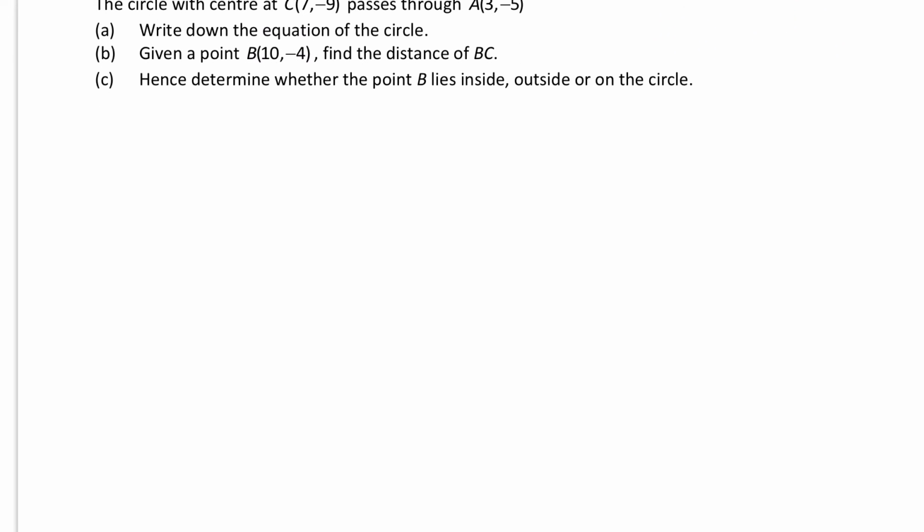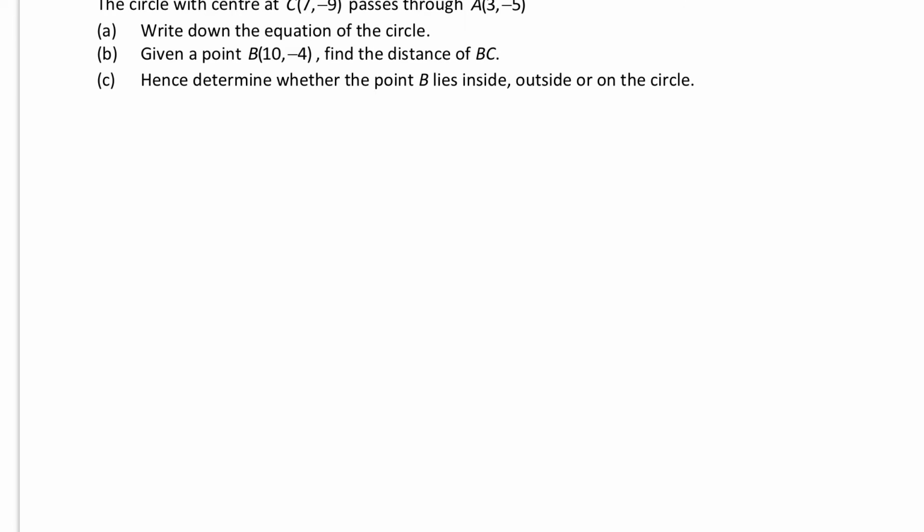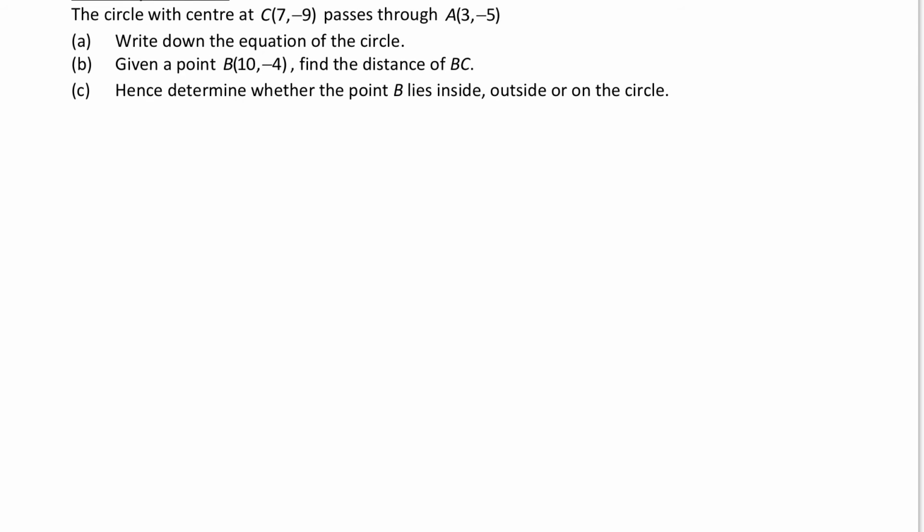Let's see exercise 2. Ask you to give you the coordinate of center and plus 1 point. Write down the equation of circle, and maybe you can use distance formula. CA is equal to √((7 − 3)² + (−9 − (−5))²), which is equal to √32.